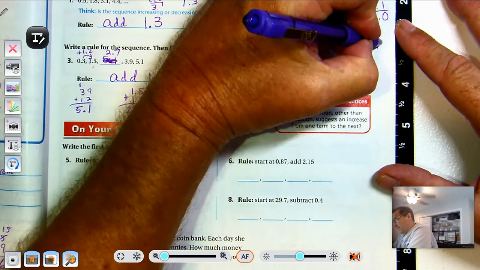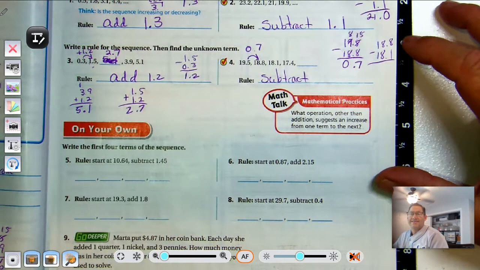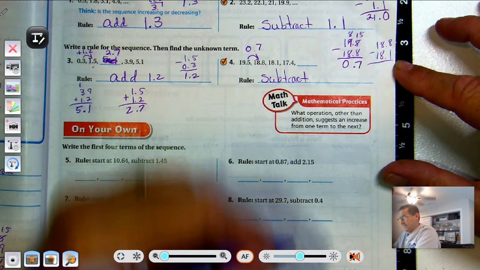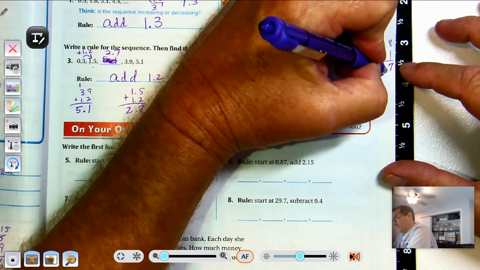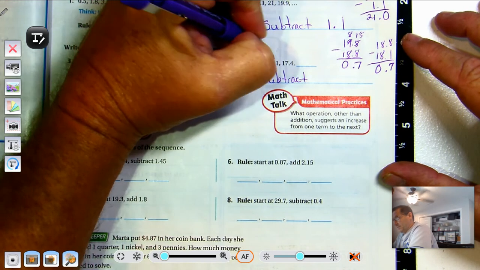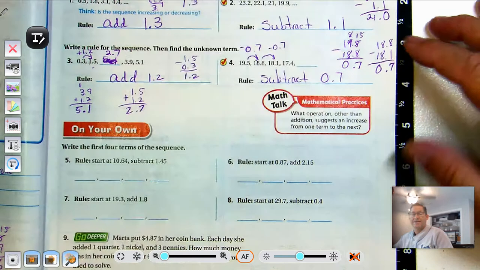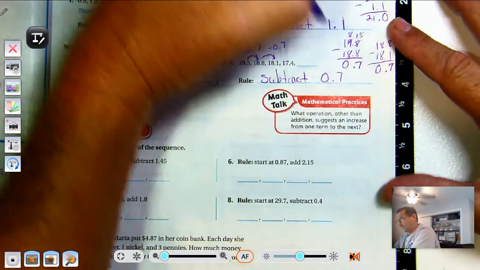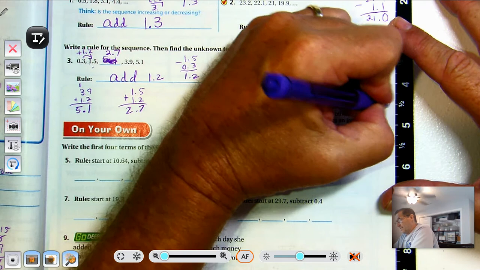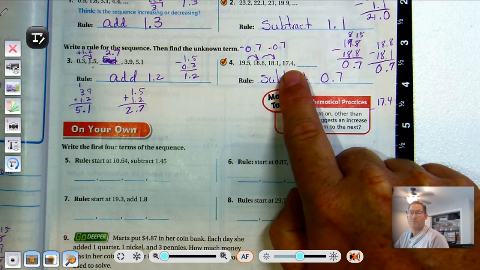Let's confirm that by doing one more. 18 and 8 tenths take away 18 and 1 tenth. 0 and 7 tenths. Okay, so subtract 7 tenths. 17.4 is the last known term.